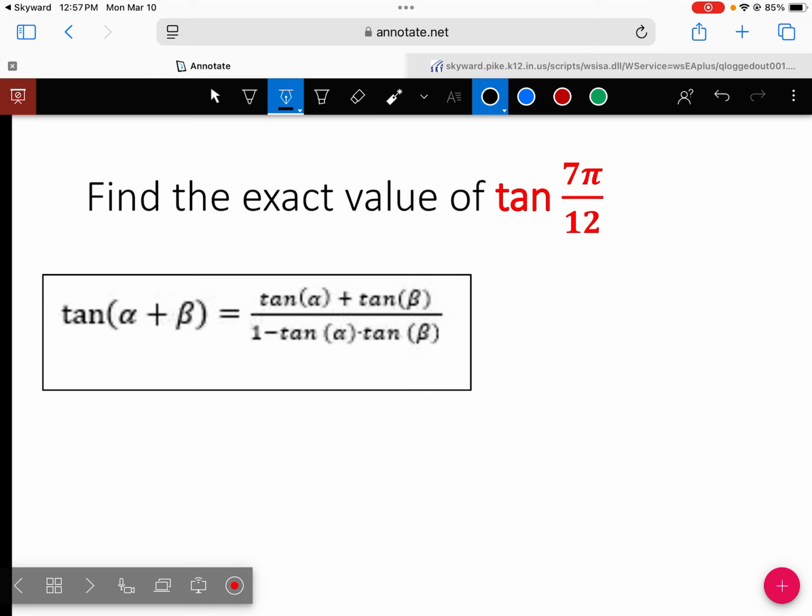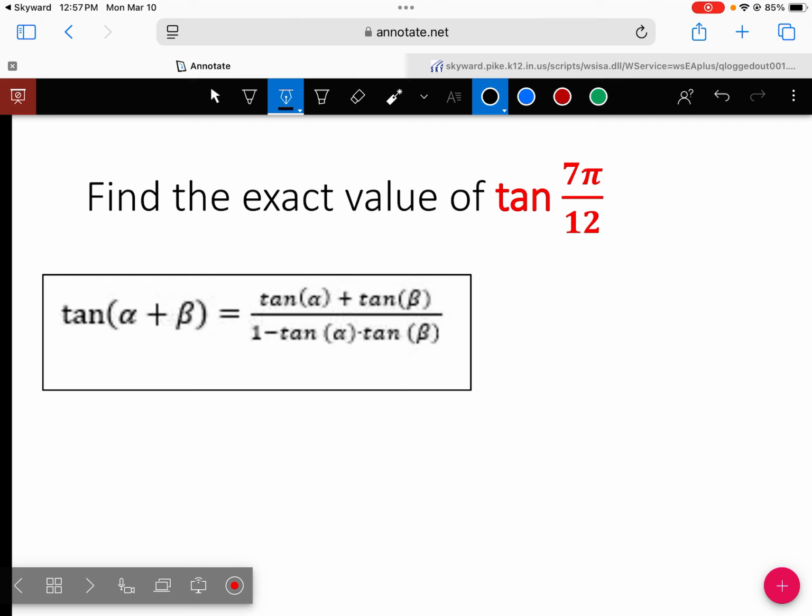So we're going to do the sum formula. I feel like radians are a little harder to figure out because, you know, they're fractions.